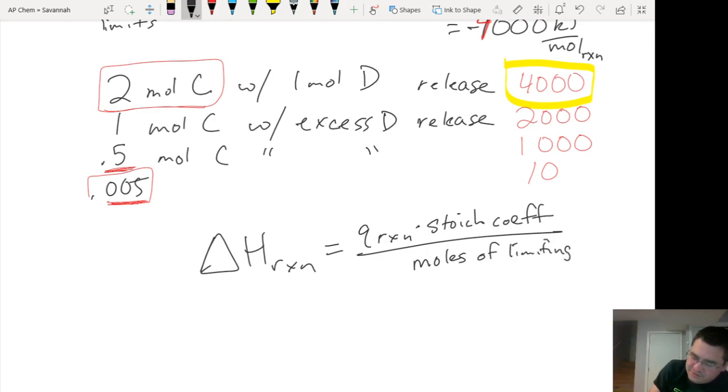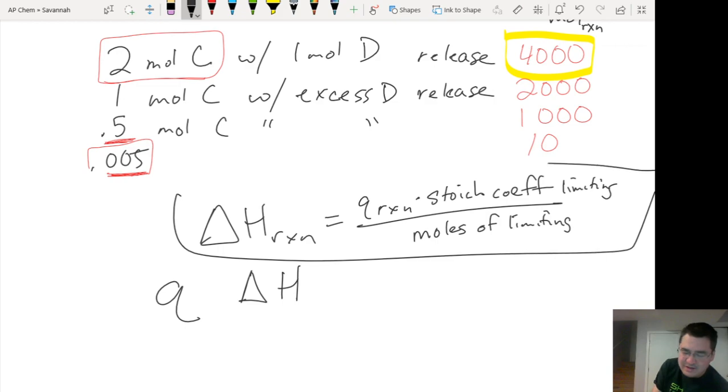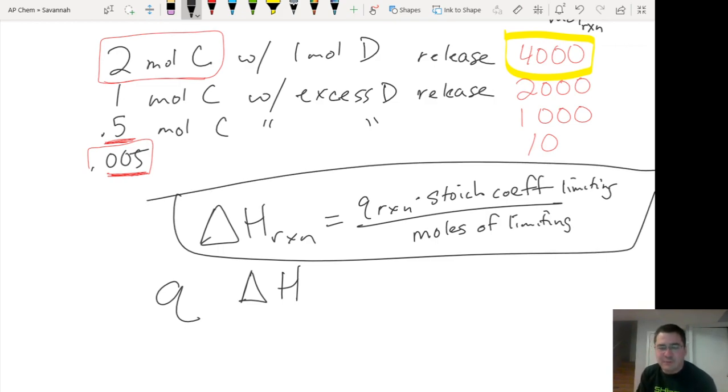And this is the stoichiometric coefficient of the limiting reactant. I would commit that to memory, or it would be a good thing to have written down as notes when you're taking the test. I would have saved myself 3 minutes worth of double checking, because I made the mistake. So if you have that for reference, whenever you see something involving Q and delta H, I would just go find that formula.